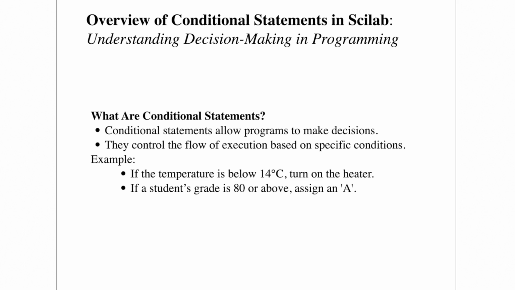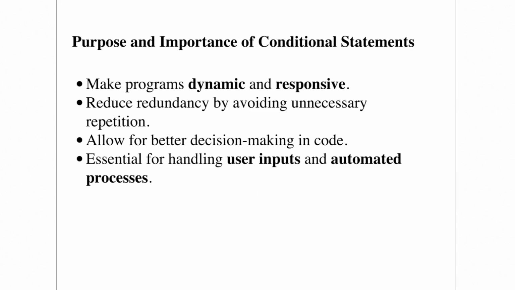Similarly, in programming, we can instruct the computer to execute specific blocks of code based on conditions. Two examples here. If the temperature is below 14 degrees Celsius, turn on the heater. If a student's grade is 80 or above, assign an A. So, in a nutshell, conditional statements help us to execute certain parts of the code depending upon the conditions we provide.